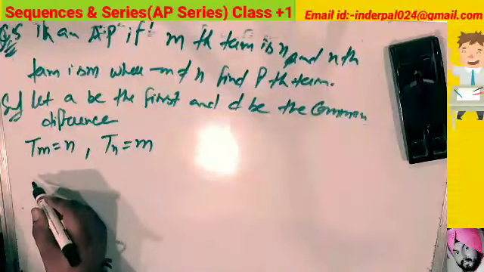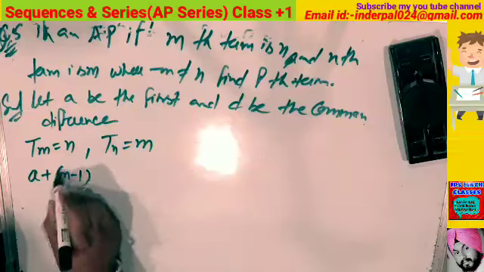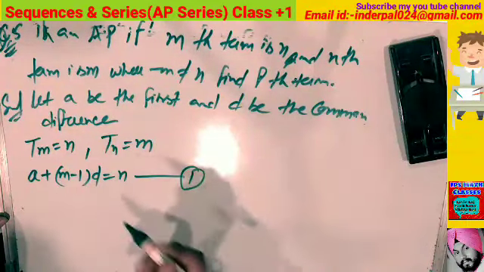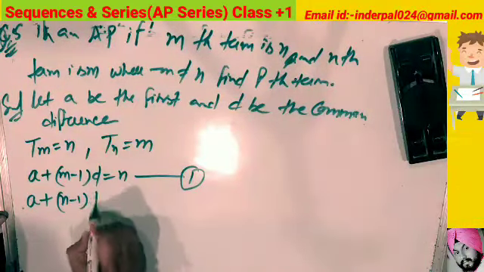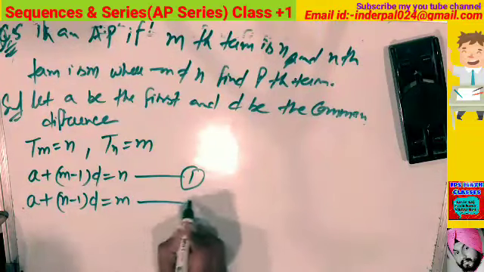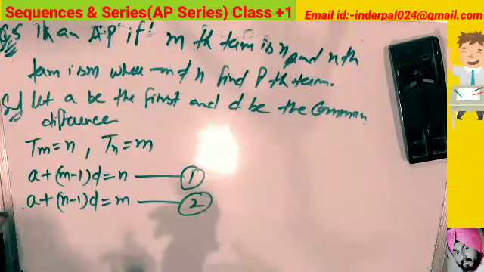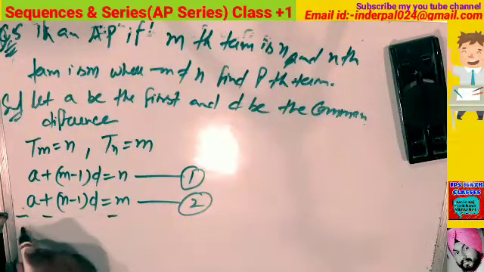As in the last question, question number 4, a plus (m minus 1) into d is equal to n. Let it be equation number 1. a plus (n minus 1) into d is equal to m. Let it be equation number 2. Solve it with the elimination method, changing the sign.